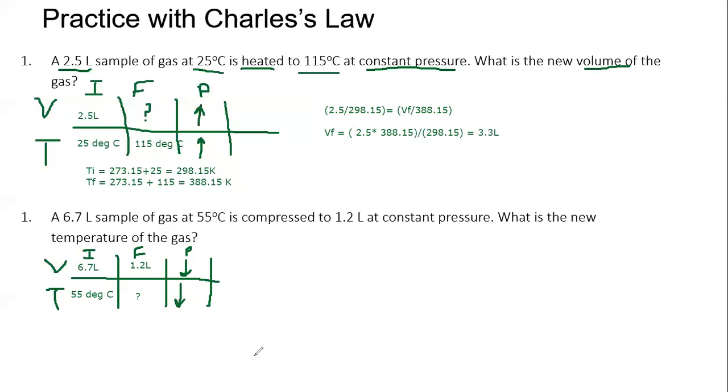Now before we begin, we have to convert temperature into Kelvin. The reason Kelvin is called absolute temperature is because it cannot be negative.